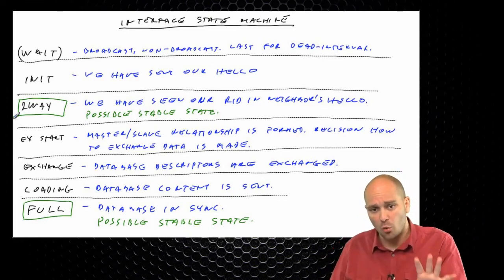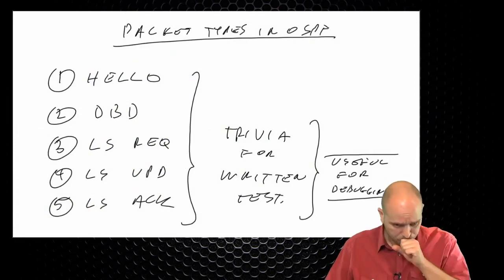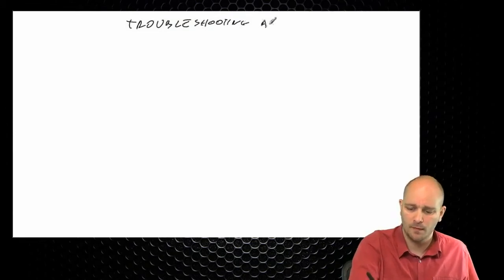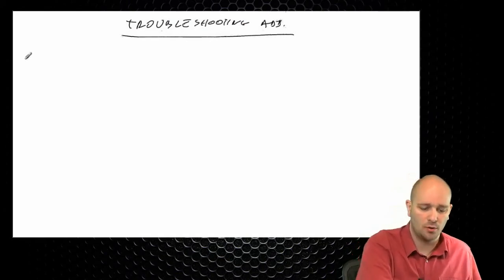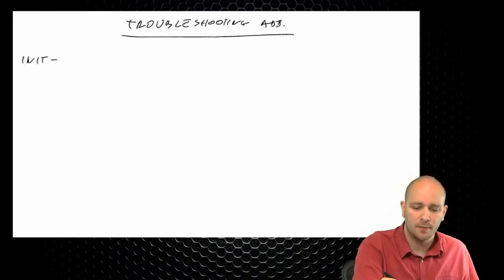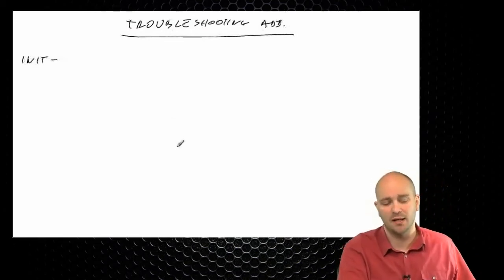So now that we know what is happening in different stages here, let's see what are the possible reasons for routers to be actually stuck in those phases. So let's write here troubleshooting adjacencies. So if we have init phase, what can cause the routers to be stuck for an extensive period of time in init phase?